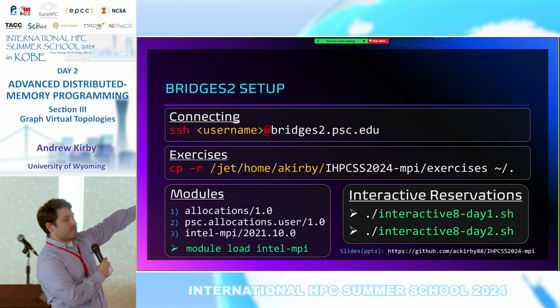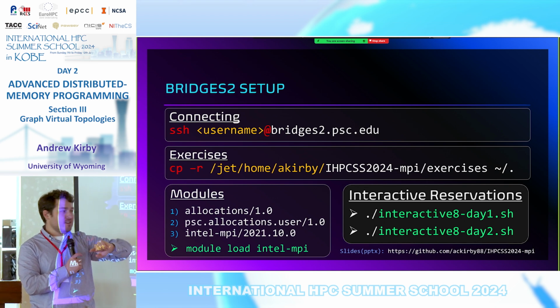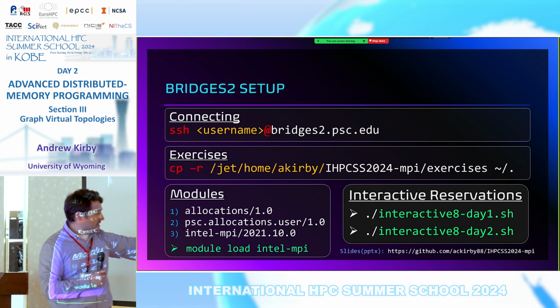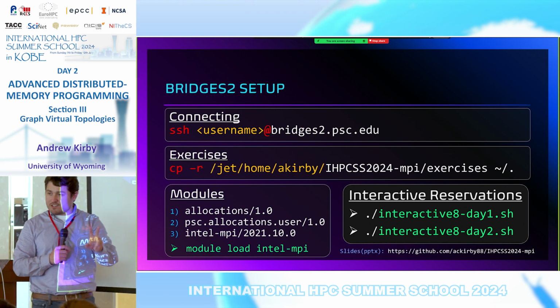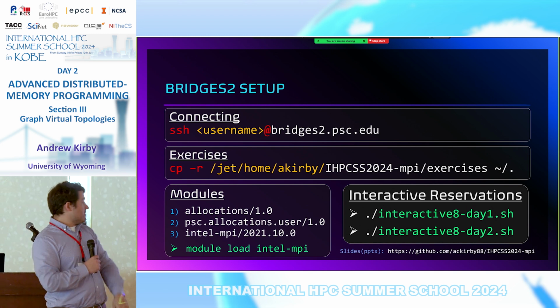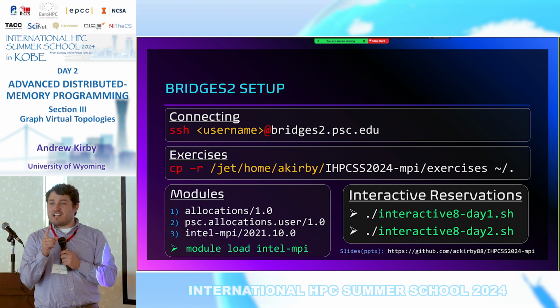Okay, again, logging back into Bridges. You guys should already have your nodes, hopefully. You already have your exercises, so you don't have to run this again. But right away, if you didn't run interactive 8 day 2, just run that once, leave it on. When you log in, make sure you're not running on login nodes.